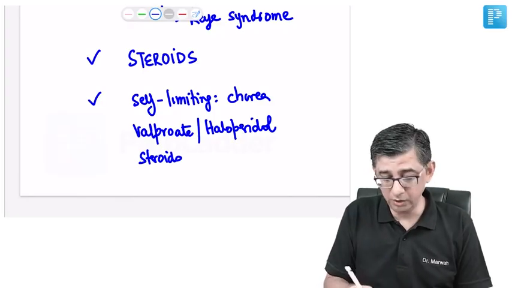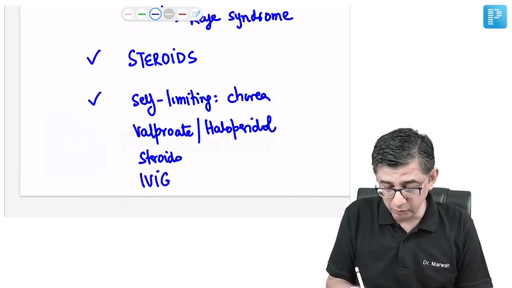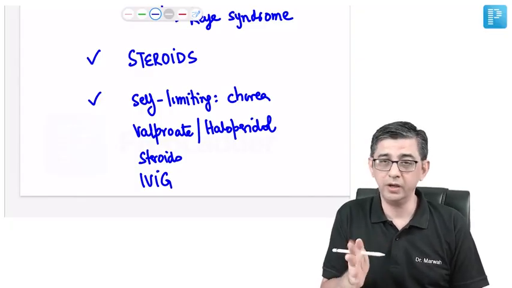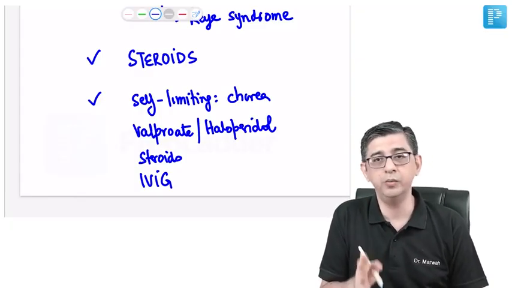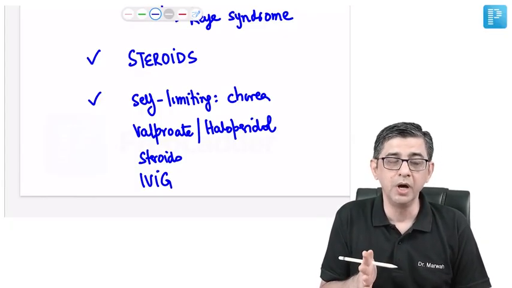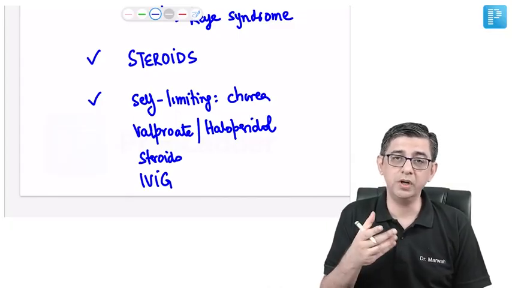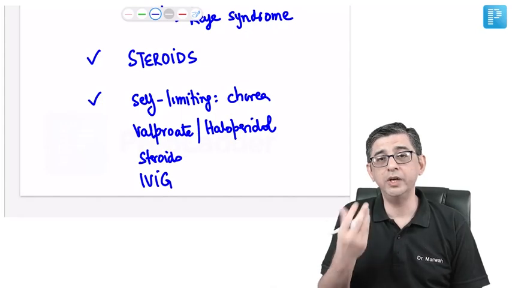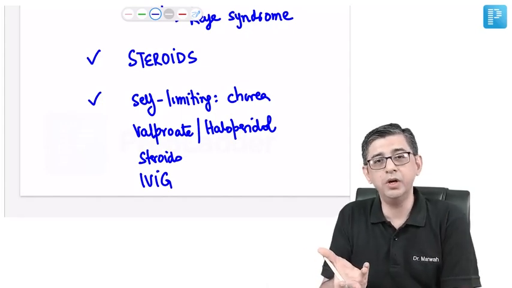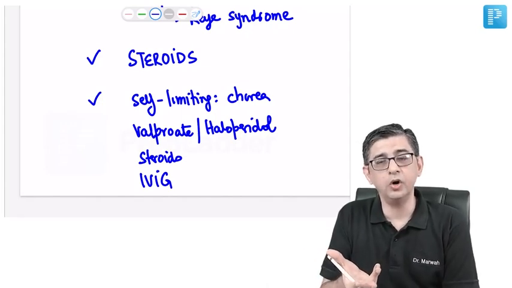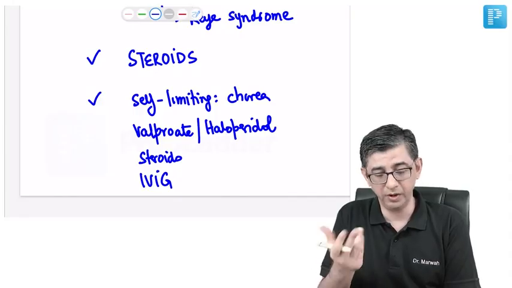And if nothing is working, we can even be using intravenous immunoglobulins. My point here is that we have a treatment available for these patients who are suffering from chorea, but this would be reserved only for extreme cases where it affects the quality of life, where the child can't even eat because of the chorea component. I mean, the disability component will decide whether or not you would be treating this case per se.